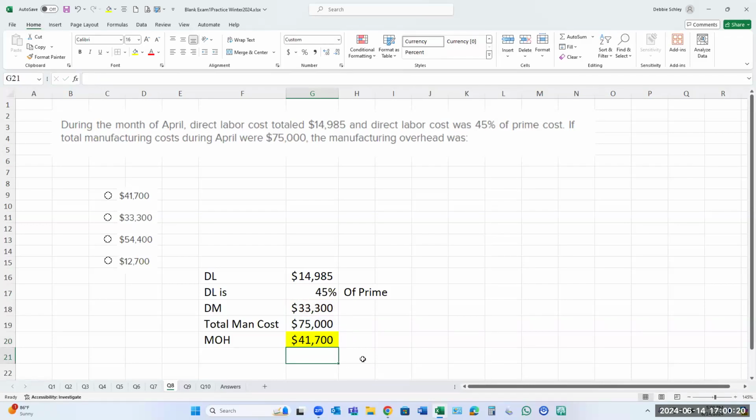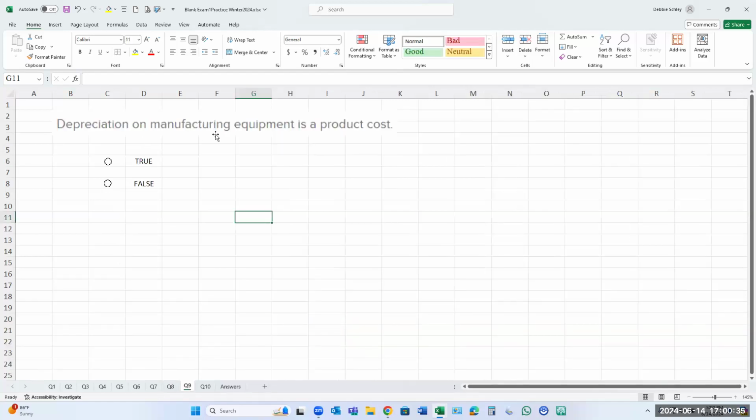So that gets me back to my manufacturing overhead cost. Okay. Question 9, depreciation on manufacturing equipment is a product cost. That is true. It is a product cost, but it is an indirect product cost.